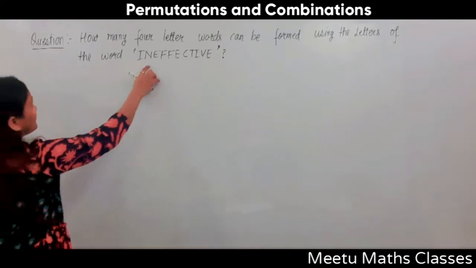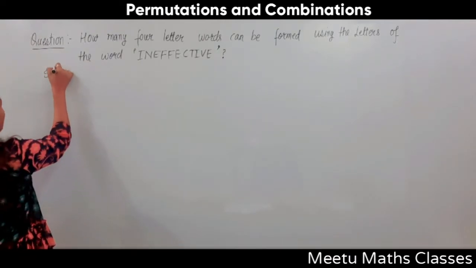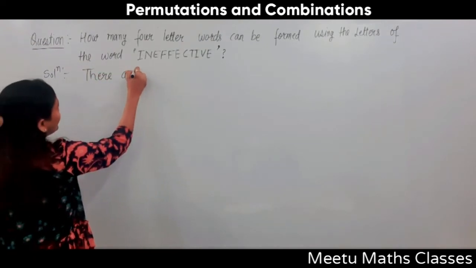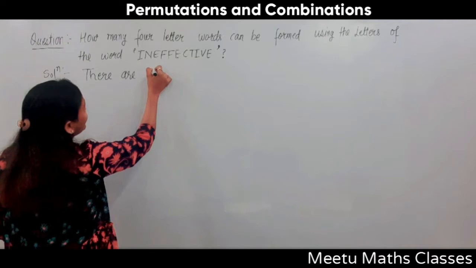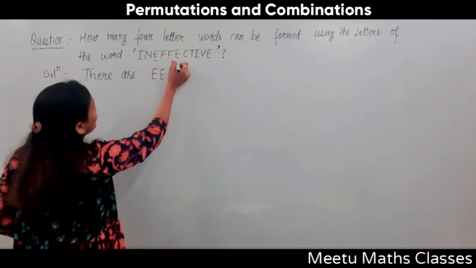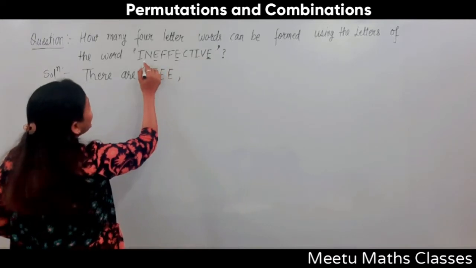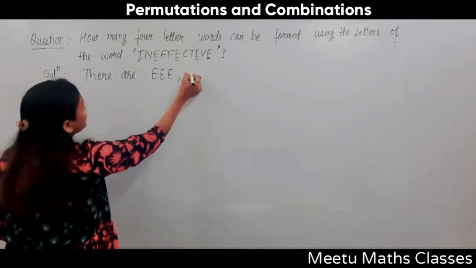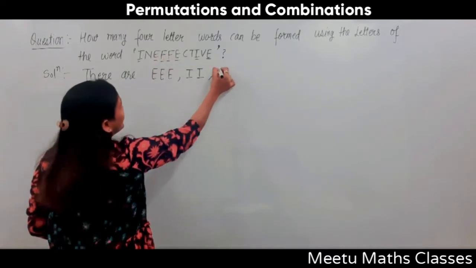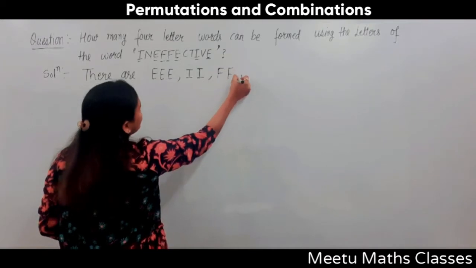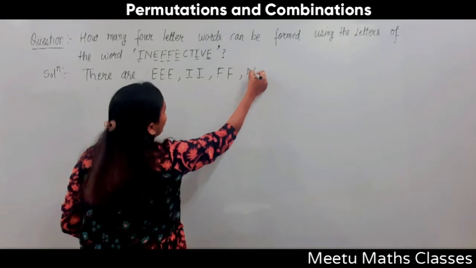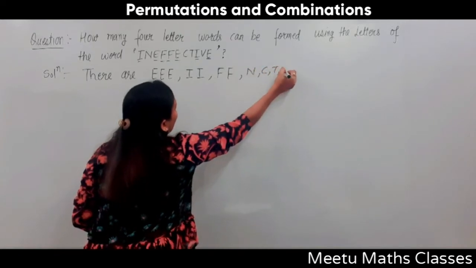So in the word ineffective there are 11 letters and they are 3 E's, then 2 I's are there, then 2 F's are there, then N, C, T and V.